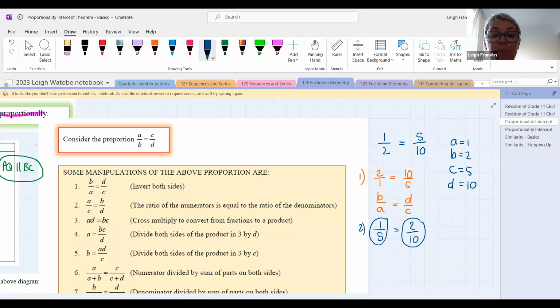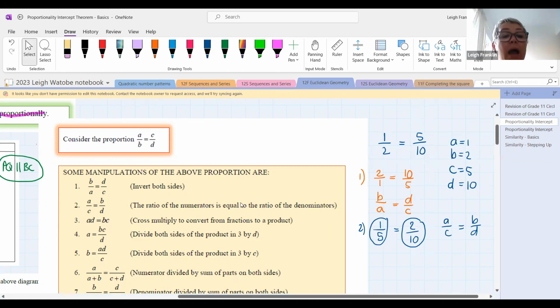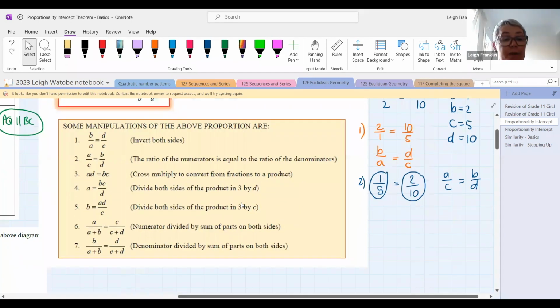All right, so that would be the same as me saying A over C is the same as B over D. Okay, so these are the manipulations that I'm allowed to make. Right, so in other words, I can put things in different places, provided it still makes mathematical sense for me to do that. And this is something that I'm going to be expected to do in Euclidean geometry.